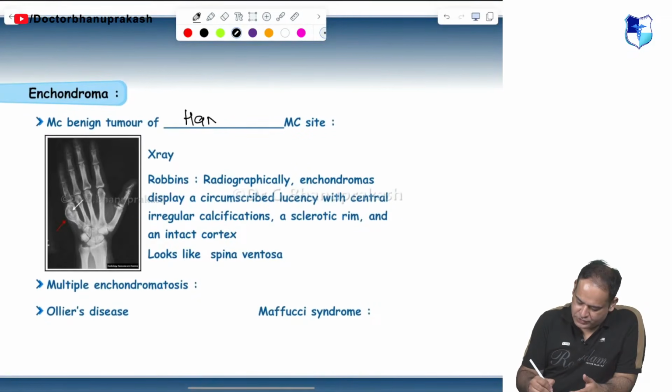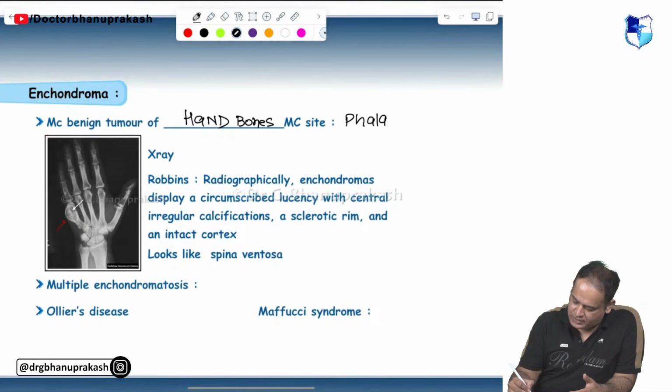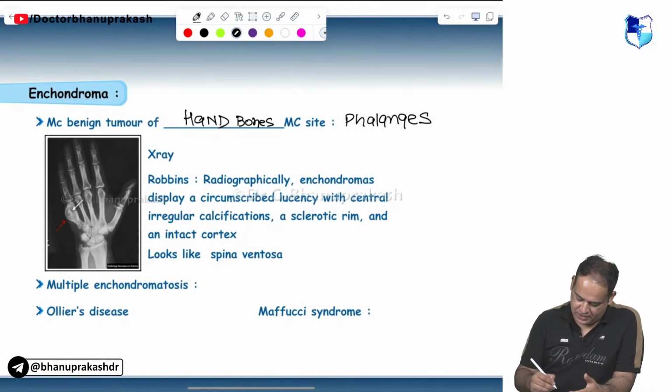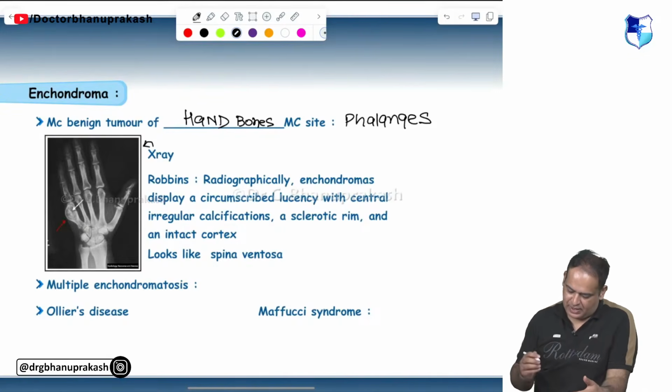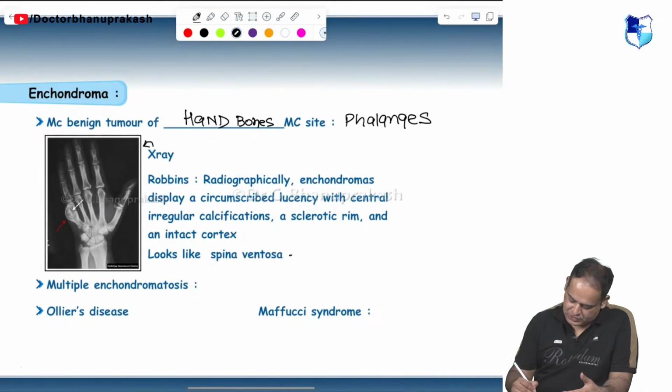Enchondroma, most common benign tumor of hand bone. Most common site, phalanges. Fine. So this is the typical X-ray. This is the typical X-ray. Now it looks like spina ventosa, that is tuberculosis of the fingers.